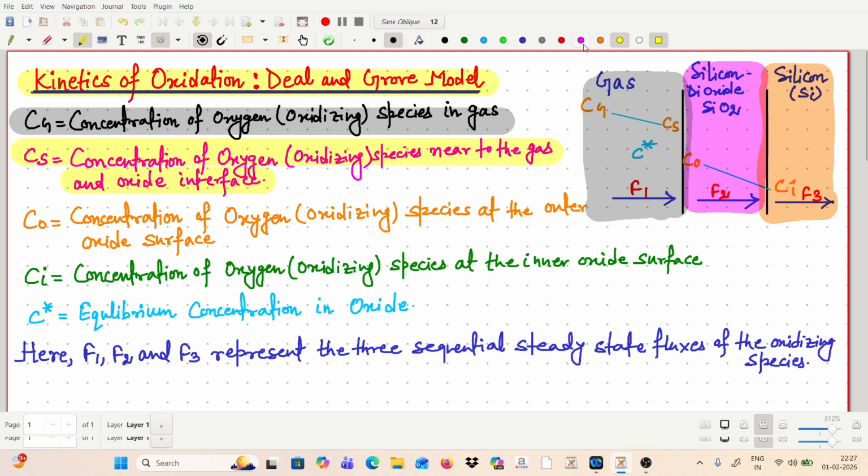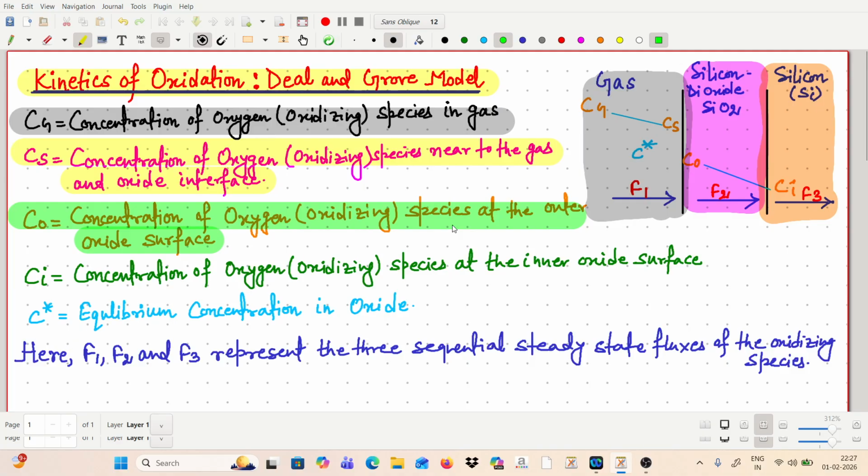The third one is C naught. C naught is the concentration of the oxidizing species at the outer surface of the oxide layer.